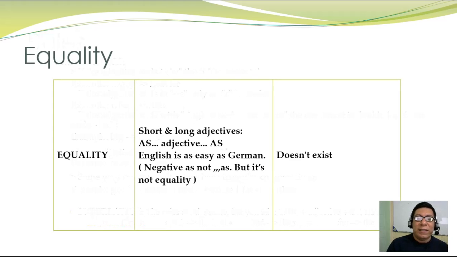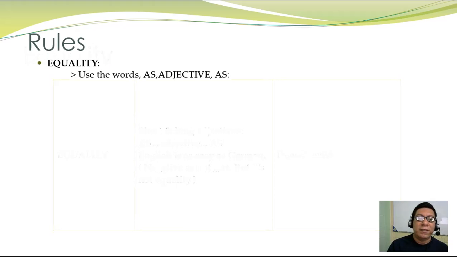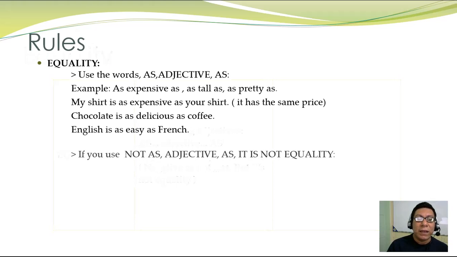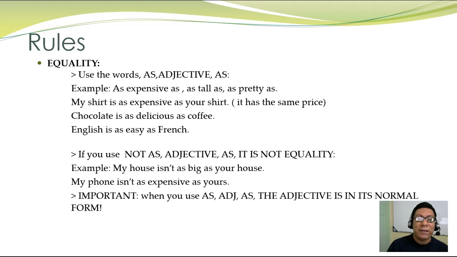For equality adjectives, we are going to use this expression: as, adjective, as. English is as easy as German. And that happens only in the comparative. In the superlative, sorry, it doesn't exist. So let's check this out. Equality. We use the words as, adjective, as.